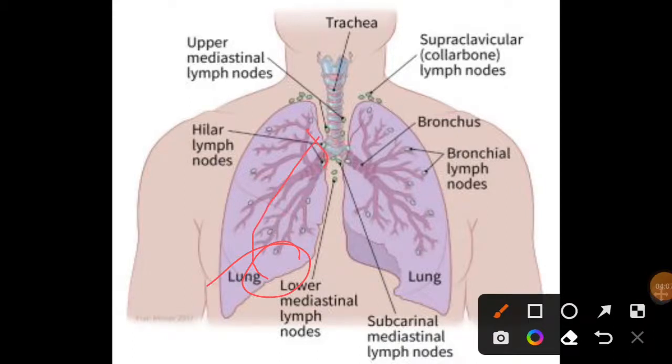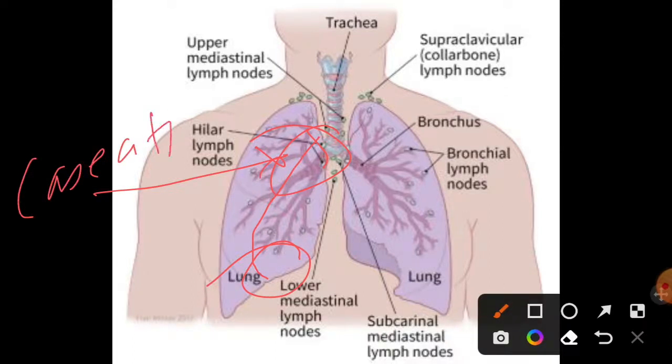It may be transferred via immune cells through the lymph or by direct extension of the Ghon focus. And in the hilar lymph node they cause caseation. This caseating tissue along with the associated lymph node is called the Ghon complex.